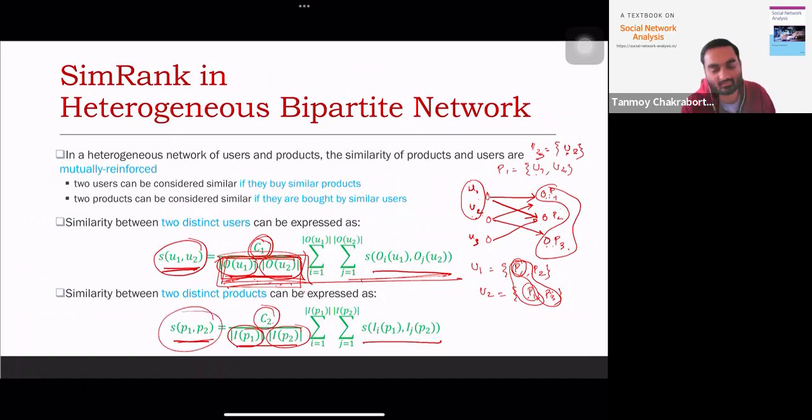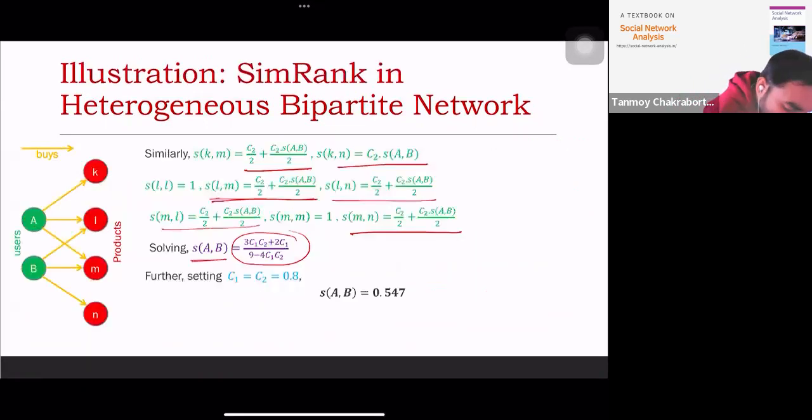These values can be the same or different; this is completely user driven. The user will set the values, so you can easily measure this. If you assume C1 and C2 are the same and equal to 0.8, for example, then the similarity of A and B is 0.547.